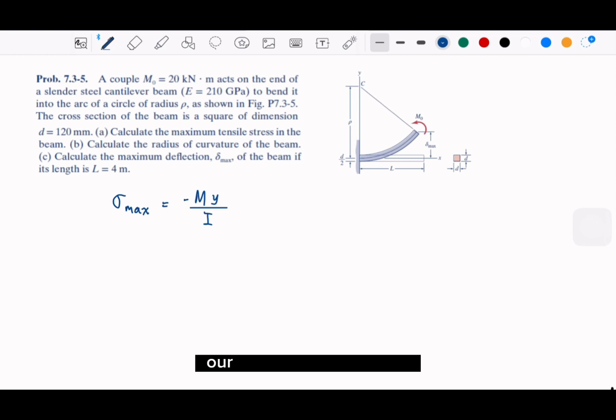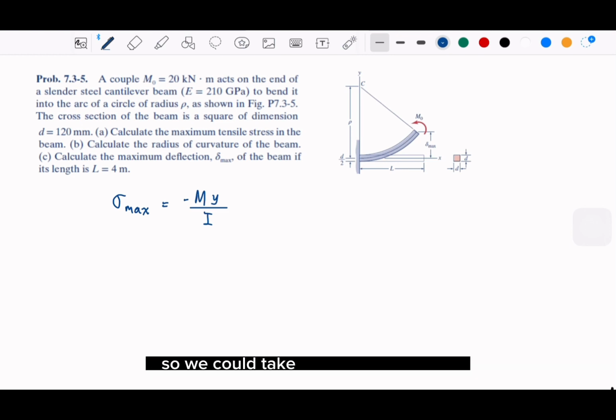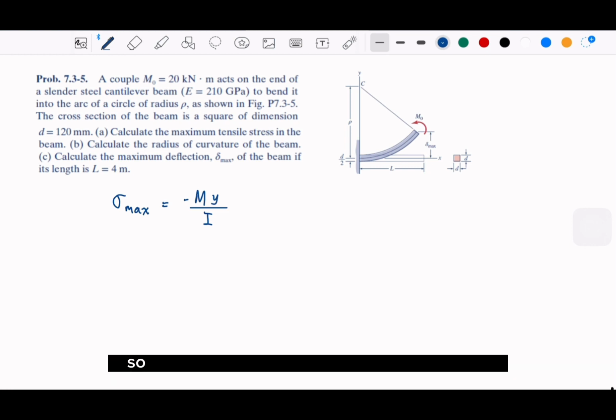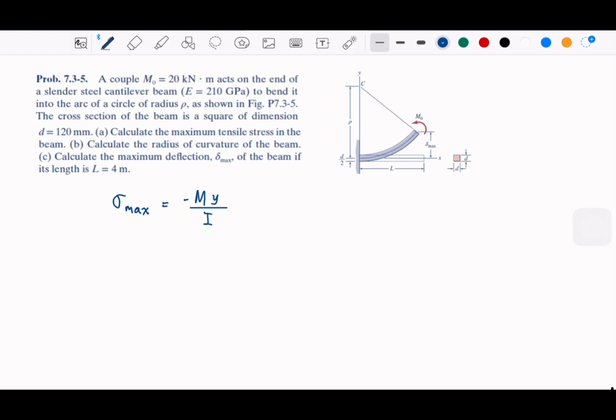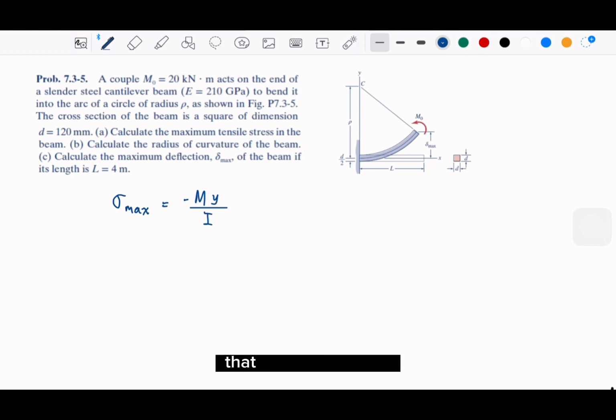In our case, the cross section of the beam is a square of dimension d. So we could take that because of the square dimensions, y is d/2.